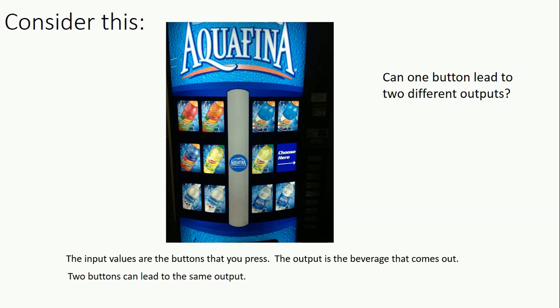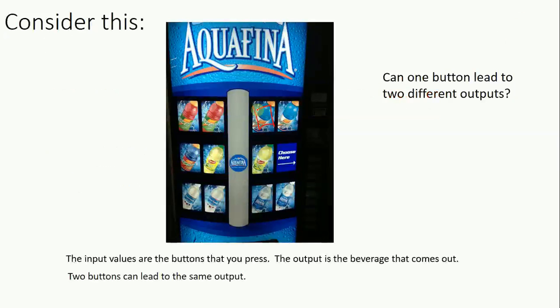Now, can one button lead to two different outputs? So let's say I press the blue Gatorade button right there. I get a blue Gatorade. You come up, press the same exact button, and you get a green tea. Is that correct? No, that's broken, right?